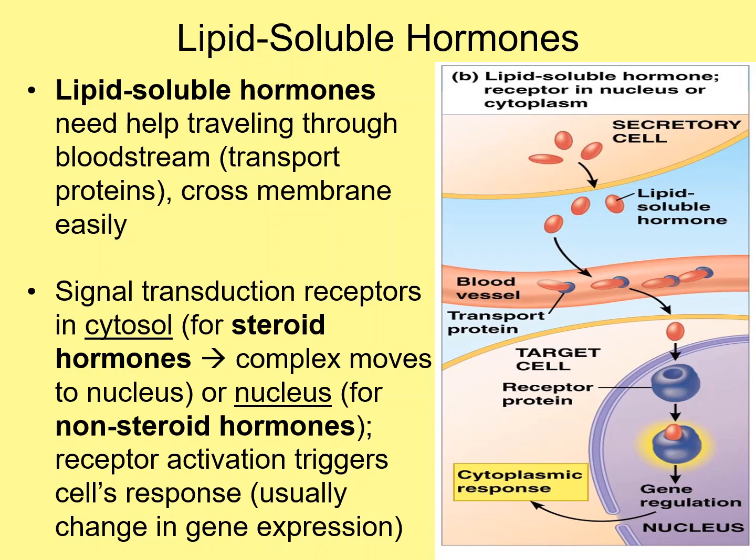And this means that they can affect changes in cytoplasmic responses. They certainly can do that. The receptors are often inside the cell because, again, the hormone itself has no problem crossing the membrane. So it doesn't need to bind to an outside receptor. The receptor is inside the cell, and that's going to cause changes, again, in cytoplasmic response.